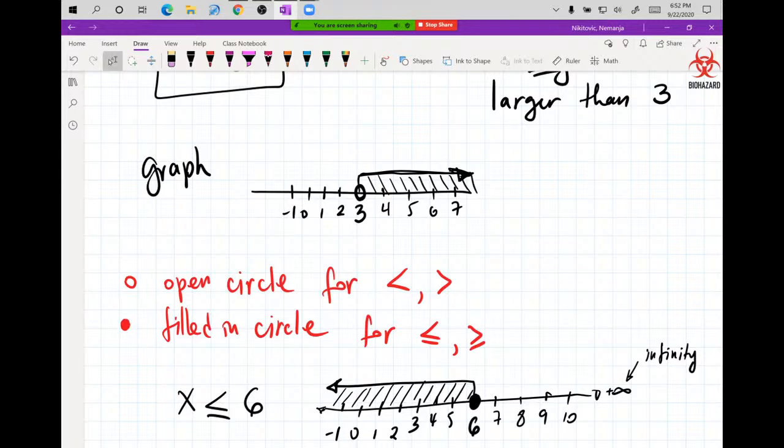Now, one student, probably a highly visual learner, said, oh, look at that, your x larger than 3 has this arrow pointing the same way as this symbol, and over here this arrow points the same way as this symbol.